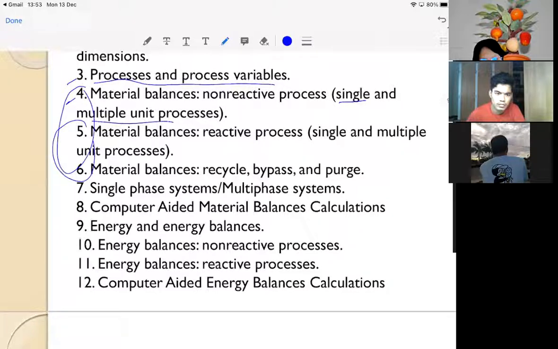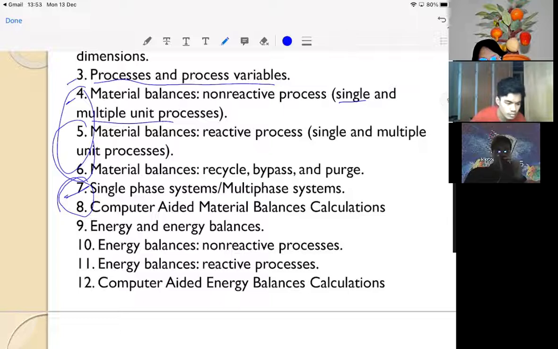And topic 7, we introduce you to single and multiple phase systems. Single phase systems: liquid system, vapor system, solid system, or multiple phases like liquid-gas, liquid-vapor, liquid-solid, something like this.